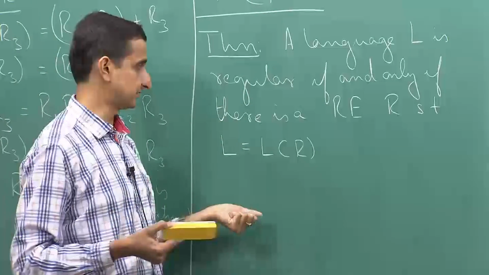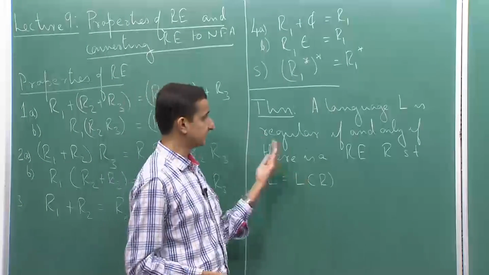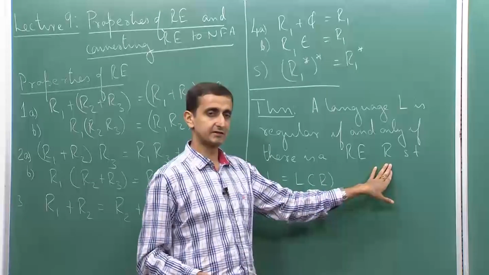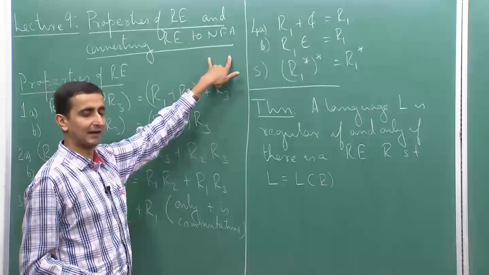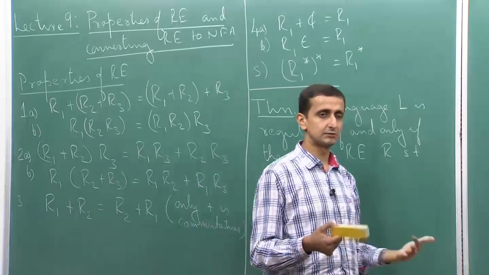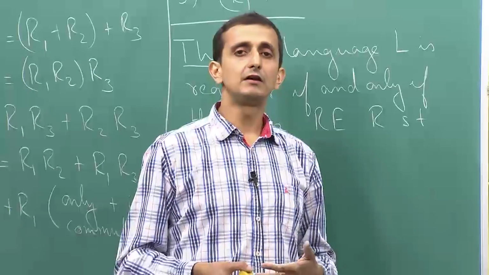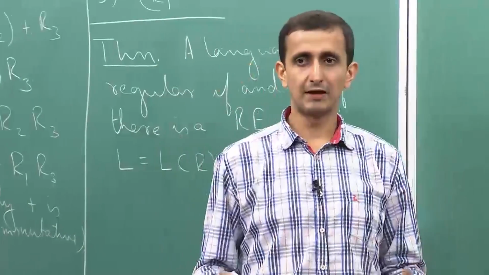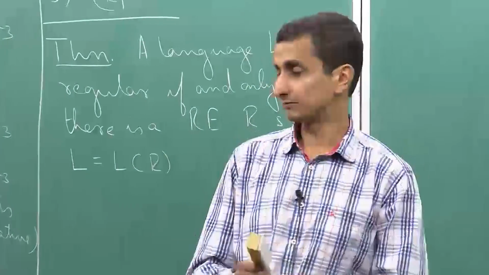So both directions. What we will show today is the reverse direction, that is, if we have a language for which we have a regular expression, then we will show how to construct an NFA for that language, which immediately implies that the language is regular. That is because we have seen in previous lectures that if we have an NFA for a language, then we can construct a DFA for it, and by definition a language is regular if there is a DFA for that language.